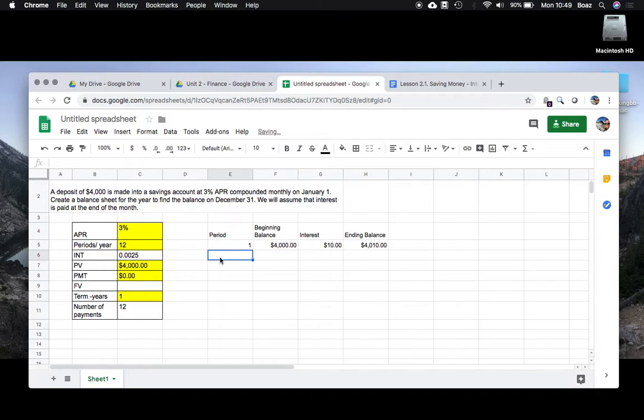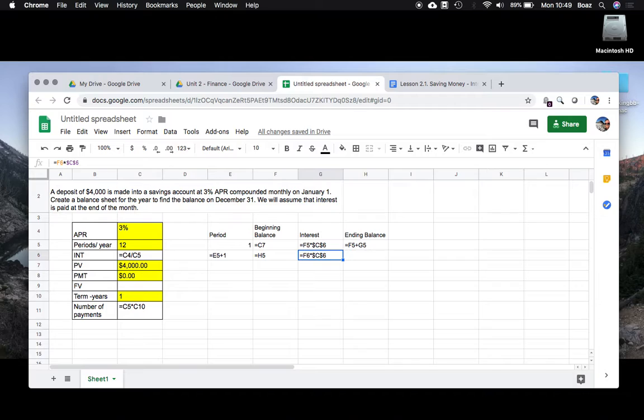Our new period is going to equal the previous period plus 1. The new beginning balance is always our ending balance. The interest should be calculated the same way. And we can see there that this did indeed keep it pointed at C6.